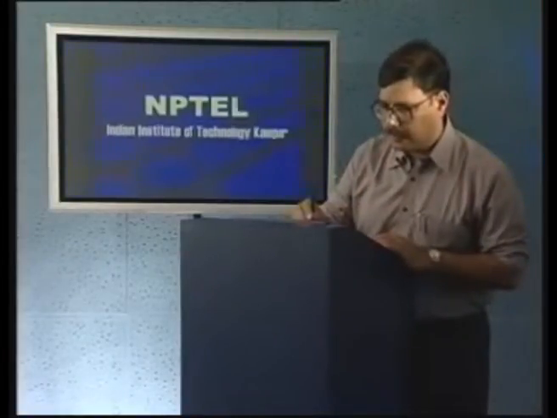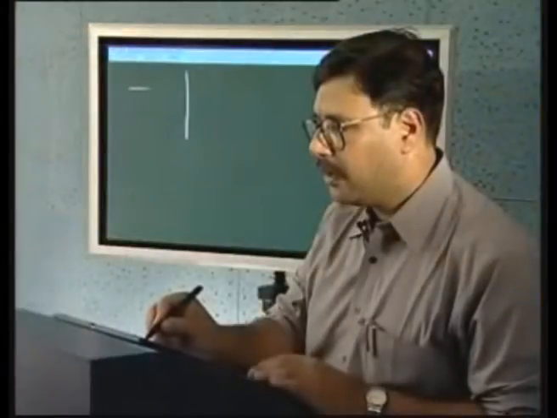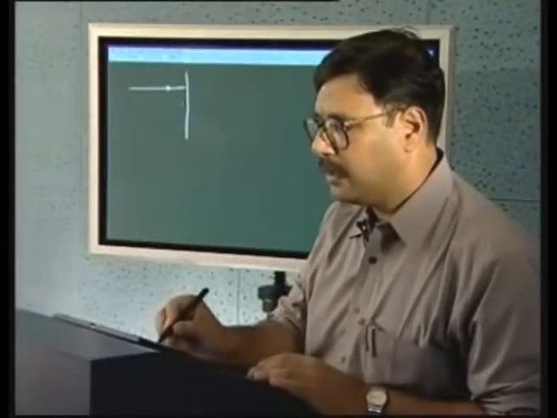Let us change gears now and go to a slightly different problem, which I would call the problem of momentum transfer. Let us look at a ball hitting a wall and bouncing back with the same speed. So, it comes in with speed v and goes out with speed v.